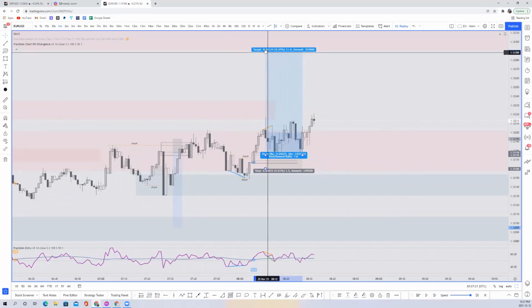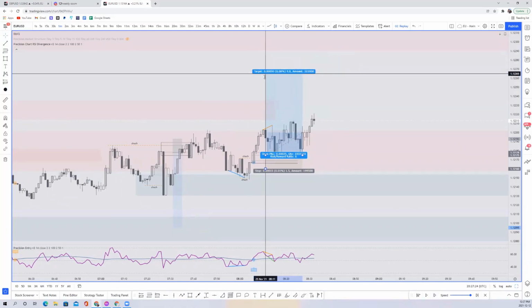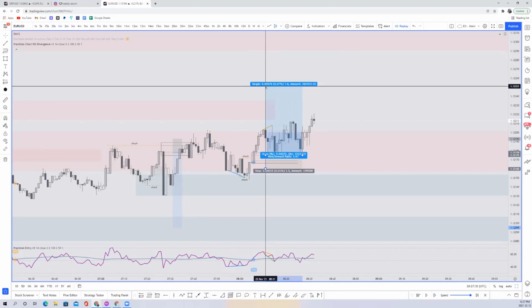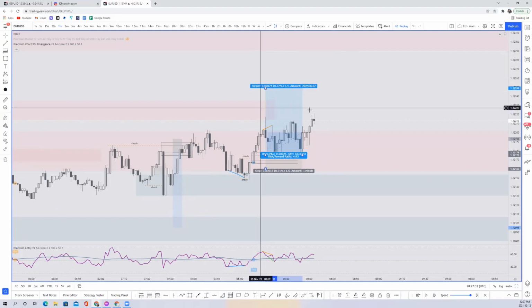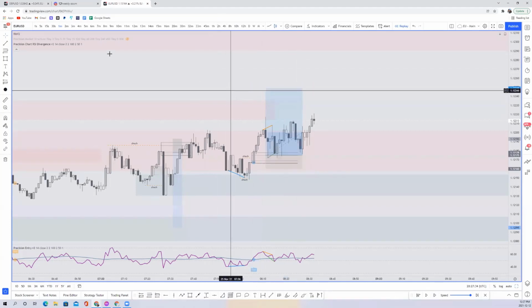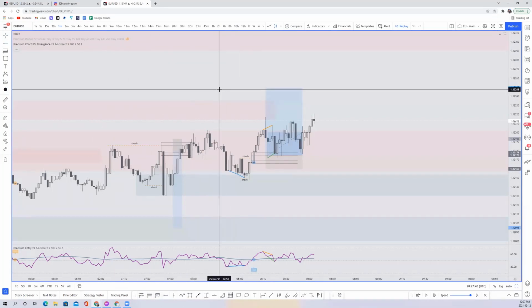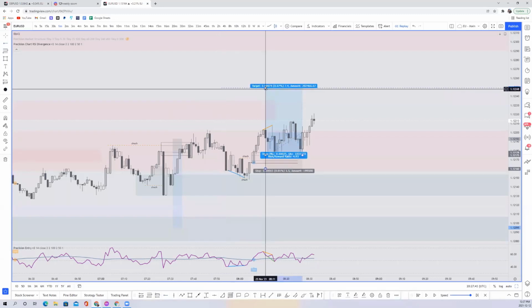And just so we know, wherever 5R is here. Yeah, so when we get to 5R, I am definitely taking like 50% partials. What we can do is even just mark this 5R, leave a little line there.